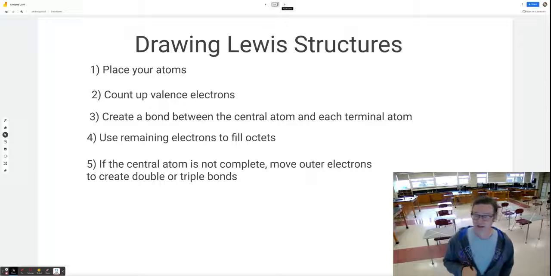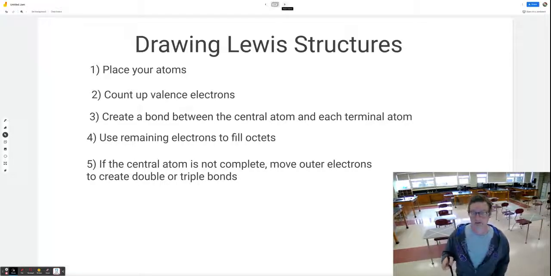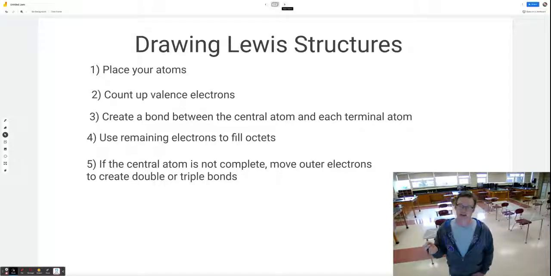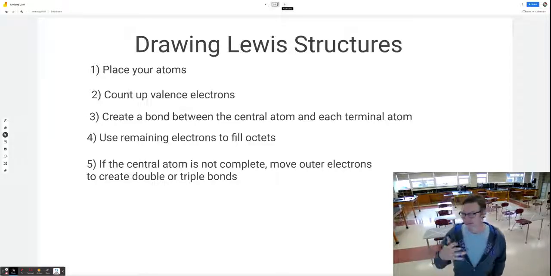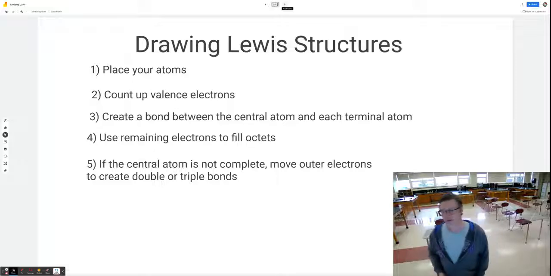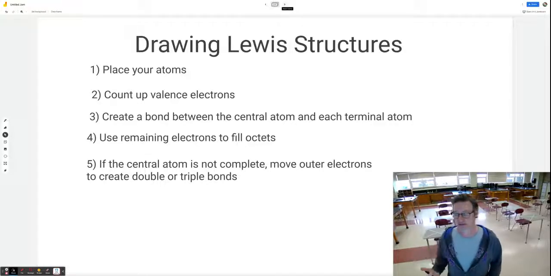And if the central atom doesn't have a full octet at the end of that process, then you need to take some of those outer electrons and move them in to create double or triple bonds as needed until the center atom is full. So again, it's coming at it from just a slightly different perspective. It gets you to the same result. Involves a little bit less working with the numbers and more just figuring out how many you've got to work with and working with them until everybody is satisfied.